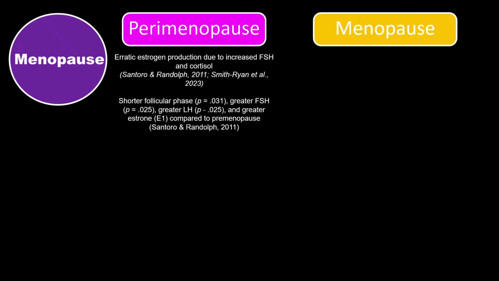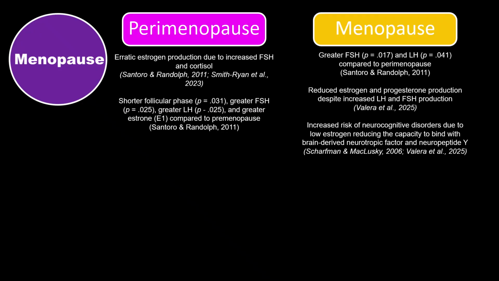And it's really specifically estrone, E1, so not the dominant estradiol, E2, but still that is an estrogen and it is increased. But then we get into menopause, where gonadotropins continue to increase to levels above where they were in perimenopause, but paradoxically, despite this happening, estrogen and progesterone production is reduced.